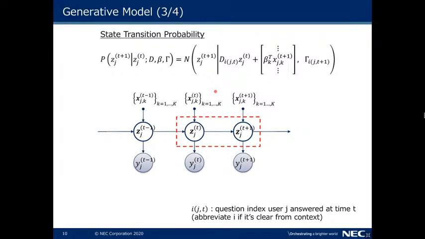Next is the state transition probability, which is also drawn from a Gaussian distribution. The previous state is linearly transformed, and also the covariate is linearly transformed, and the next state is drawn from this Gaussian distribution. This is also the same as a linear dynamical system.